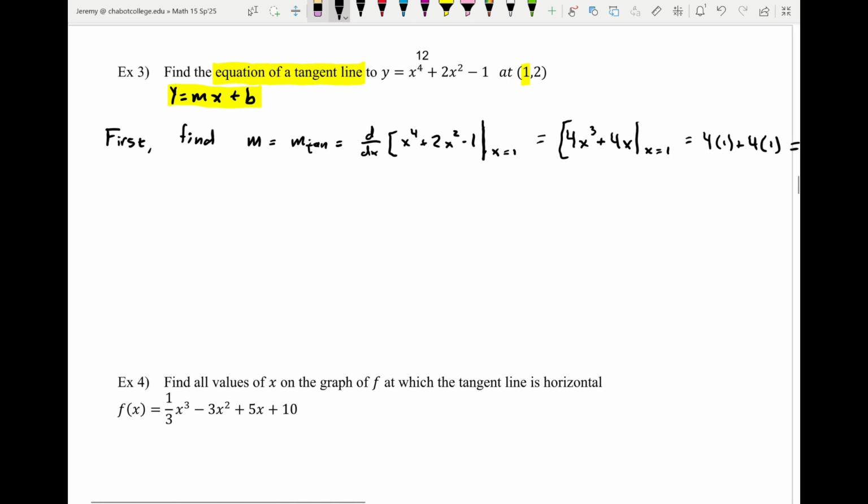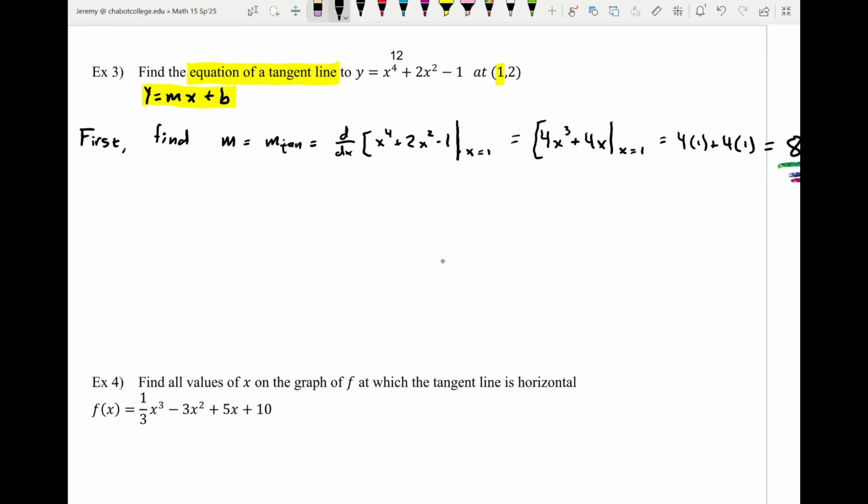Let's now use that. So now we've got to find b. So now let's use the fact that m is equal to 8 and x equals 1 and y equals 2 to find b. Just reminding you of how this process goes.